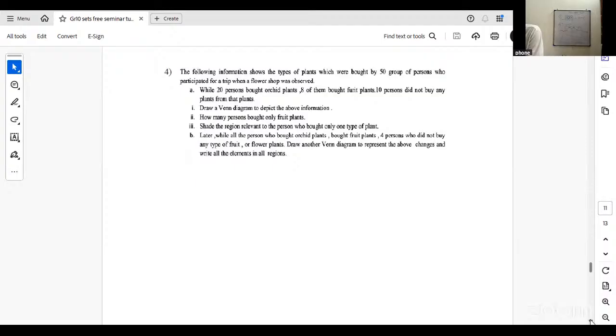Of 50 persons, 20% bought plants. 8 of them bought plants. And 10% did not buy any plants. How many persons bought plants?